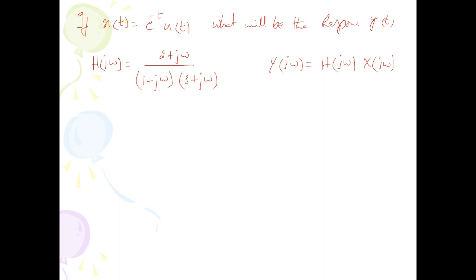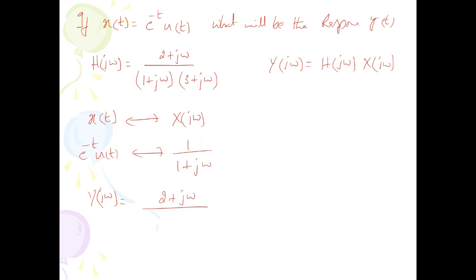X of t has the Fourier transform X(j omega), so e power minus t u of t has the Fourier transform 1 by (1 plus j omega). Now calculate Y(j omega): H(j omega) is (2 plus j omega) by (1 plus j omega)(3 plus j omega), into X(j omega), which is 1 by (1 plus j omega).